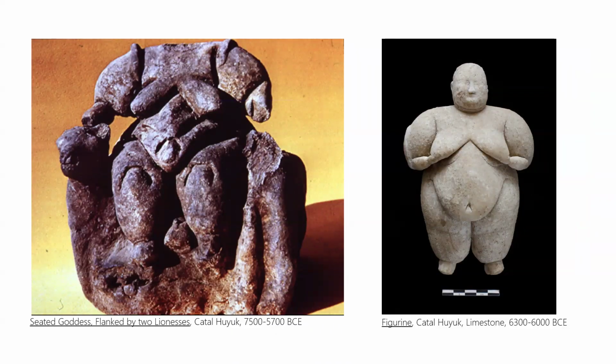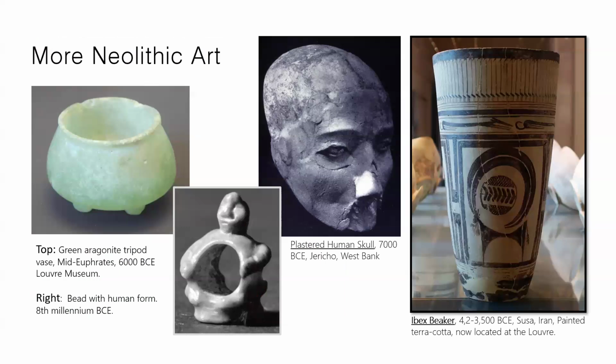And here, especially with this one, it does seem much more like a goddess figurine, because not only is she exaggerated in terms of her anatomy, but she is also seated on a throne and flanked by two lionesses or maybe leopards, and that seems to be much more of an association with a goddess type figure. So it's a possibility that this culture is in some ways a continuity of the Paleolithic culture, but we don't know for certain.